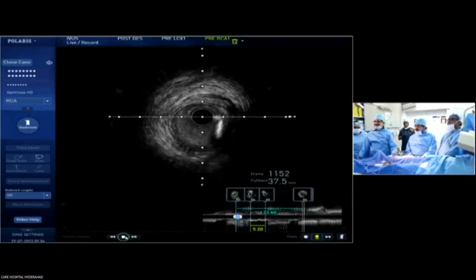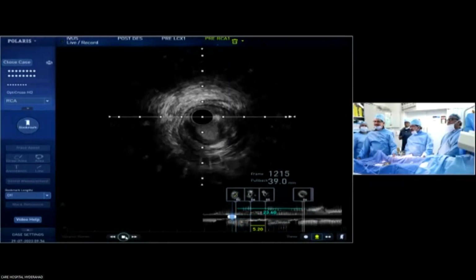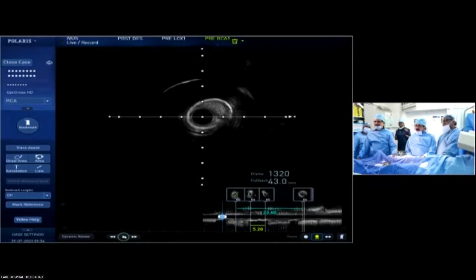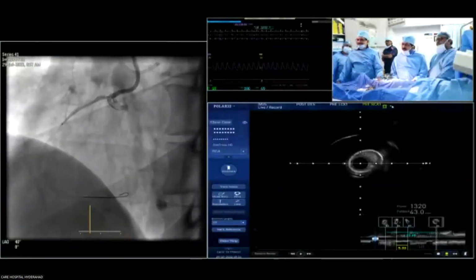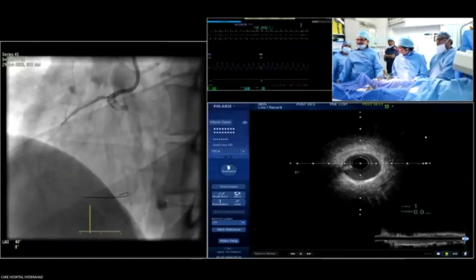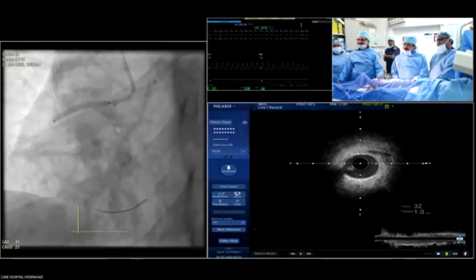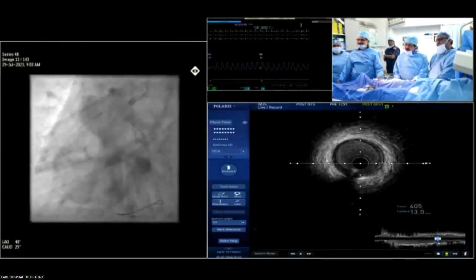I used the Wolverine 2.75 balloon here before doing any stenting. Then after that, I went ahead with a Synergy of 2.75 by 24. And we post-dilated this with a high pressure balloon up to 18 atmospheres, and finally achieved this result.